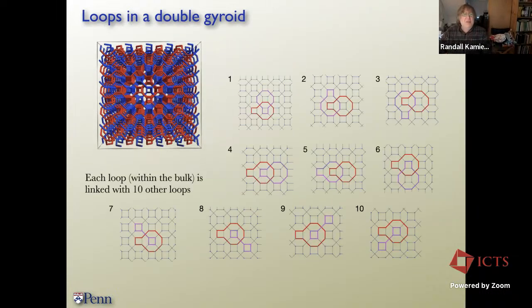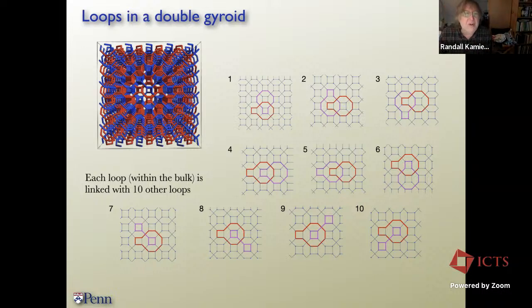And there are 10 different ways that they can link. So in a perfect gyroid, where there's a surface that divides the red network from the blue network, that's why they say it's sometimes double. They say, well, there's the blue network and there's the red network. There's two networks, and those two networks are divided by a gyroid.